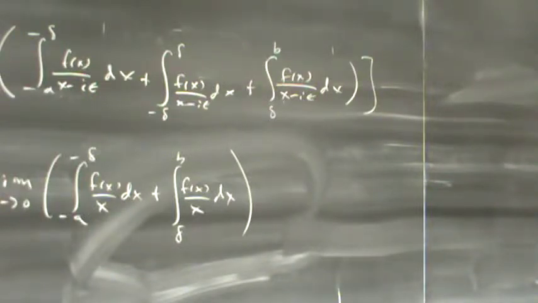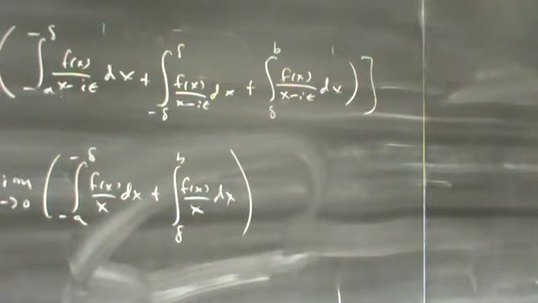And so this principal part, by the way, is more general, namely the principal part of the integral from minus a to b of f of x over x minus y dx.